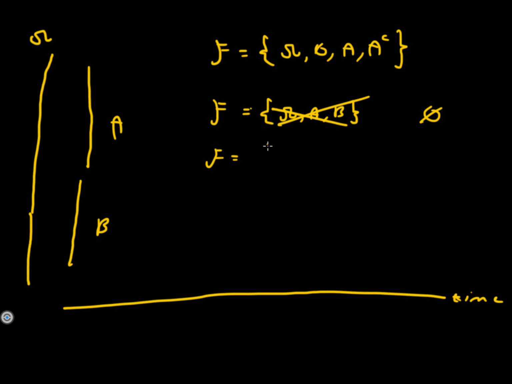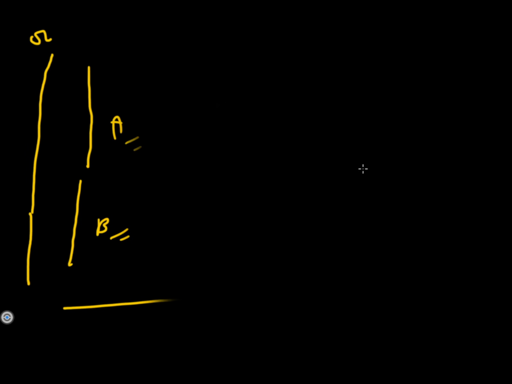And if you look at another thing where it contains omega, empty set, and A, oh sorry, no B, this would not be a sigma algebra because it doesn't have a complement. It needs the complements of the subsets as well in order to be a sigma algebra.